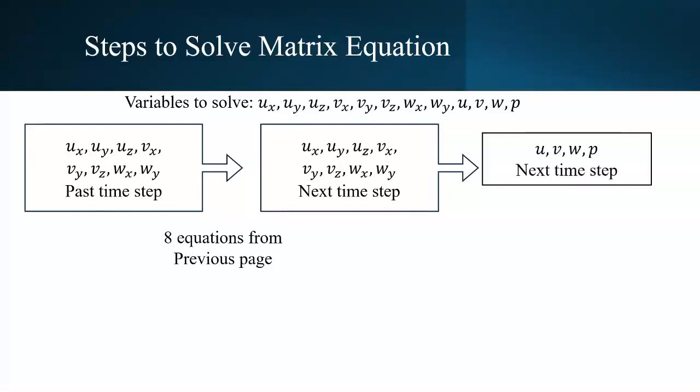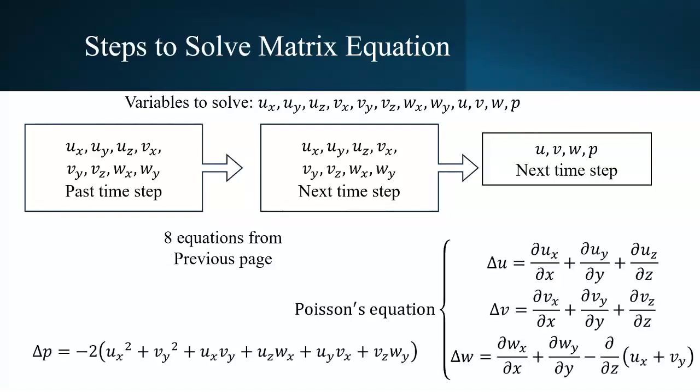And to get u, v, w, and p for the next time step, we need to solve 4 Poisson's equations. So here Laplace p equals this one, we have seen it before. And here it's Laplace u, Laplace v, and Laplace w. Because it's ux taking another derivative on x, it's a second order derivative on x. And here wz is just negative ux minus vy. So in theory, we can solve it this way.